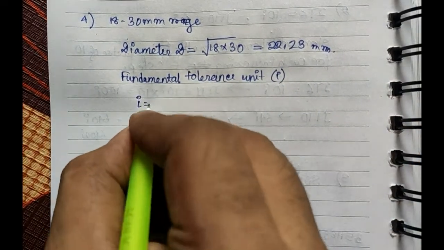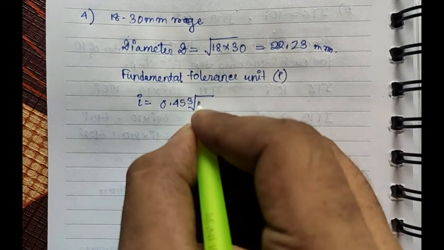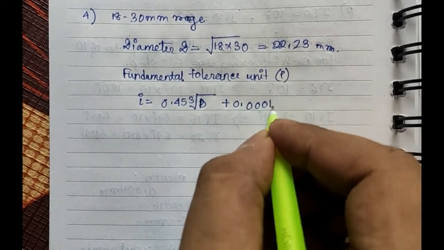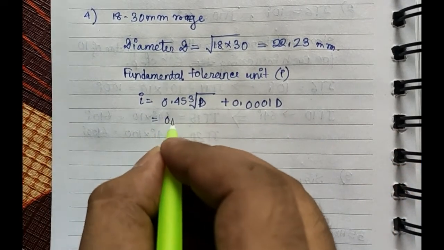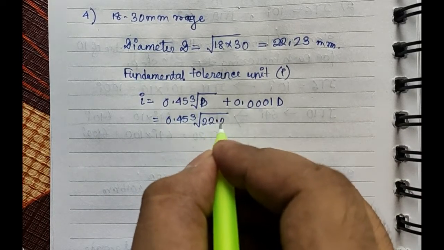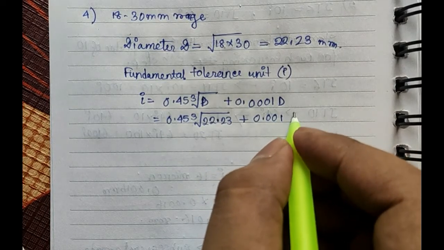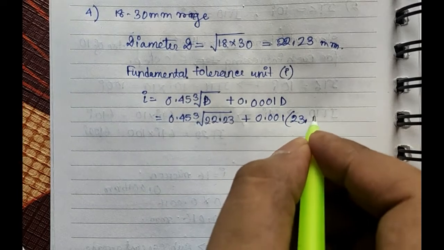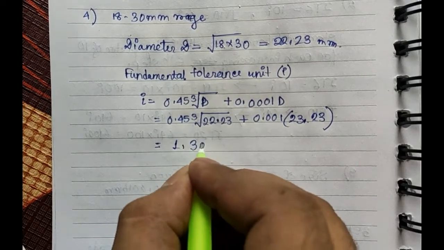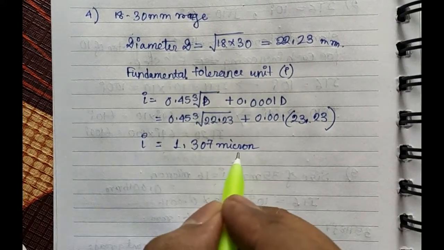This i is given as 0.45 cube root of D plus 0.001 D. So the value will be 0.45 cube root of 22.23 plus 0.001 times 22.23. Okay, so the answer will be around 1.307 micron. So that is the value of i.